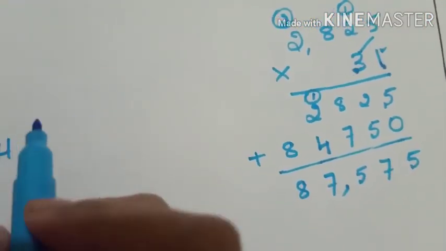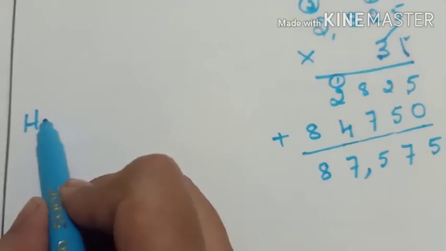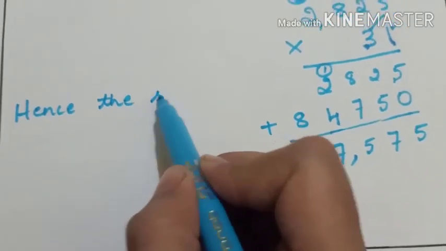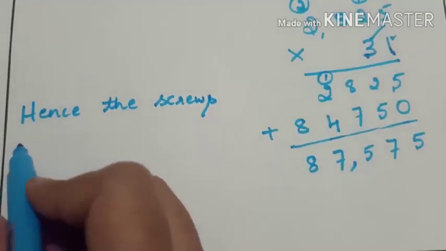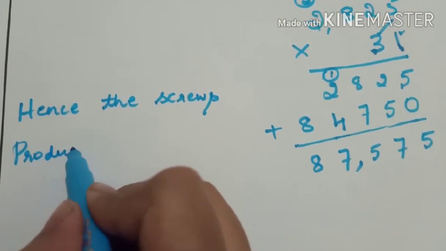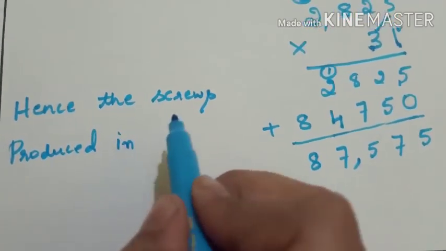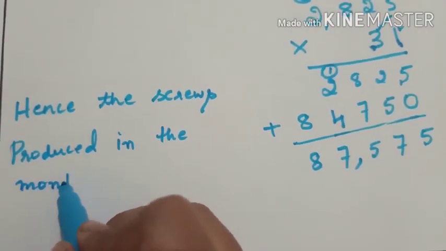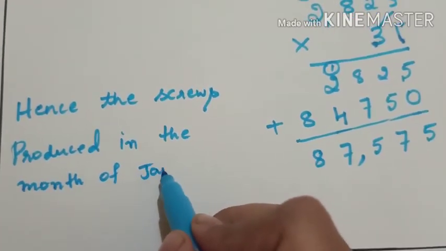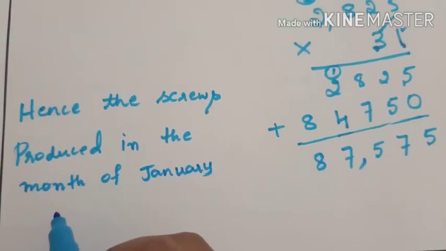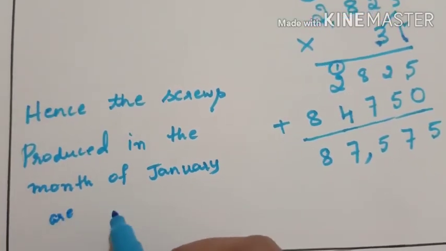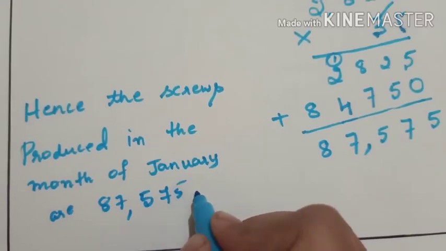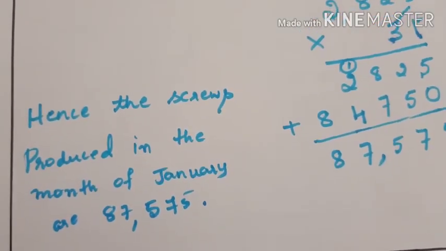Hence the screws produced or manufactured in the month of January are 87,575. So this is the final answer.